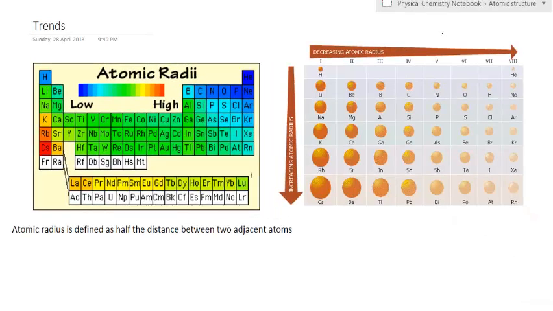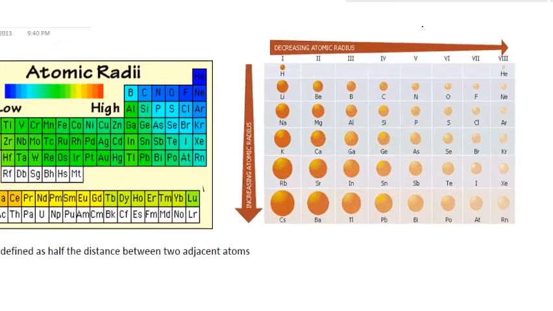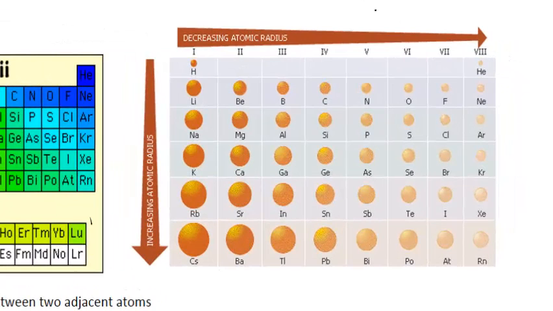The electron configuration can also describe changes in atomic radii. The atomic radius decreases across a period and increases down a group. This is due to two reasons. The increase down a group is purely due to the increase in the principal quantum number. The first group has one shell, the second group has two shells, the third group has three shells.